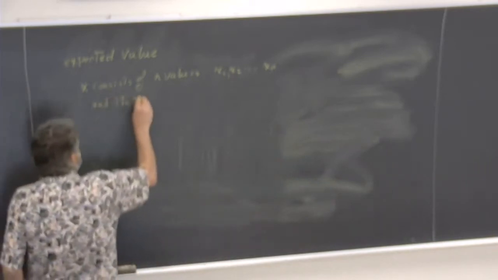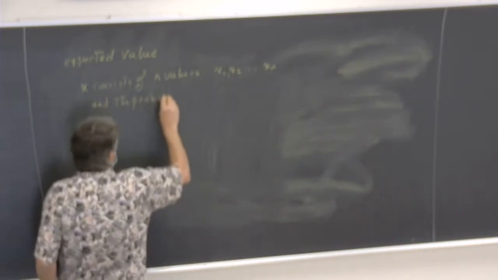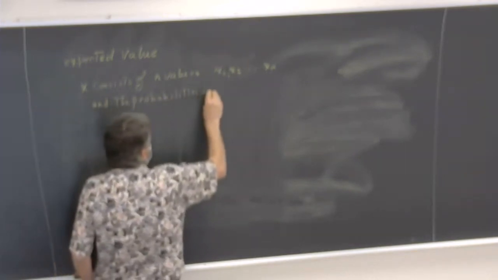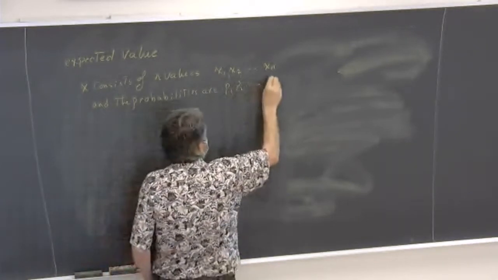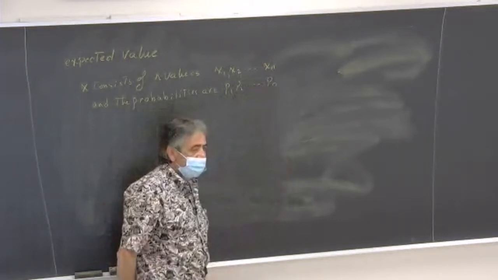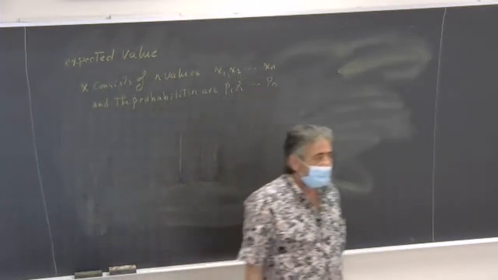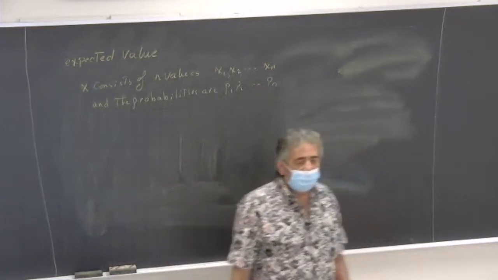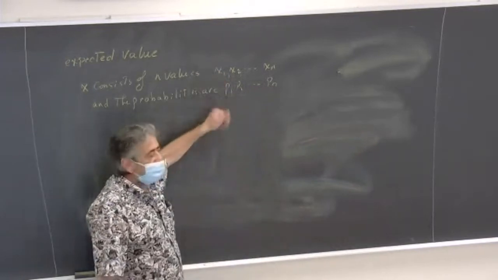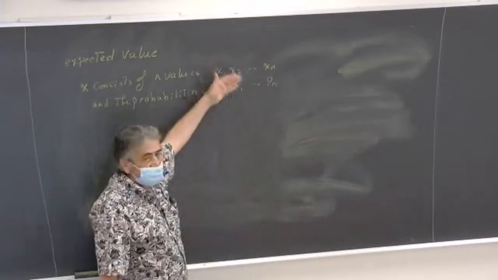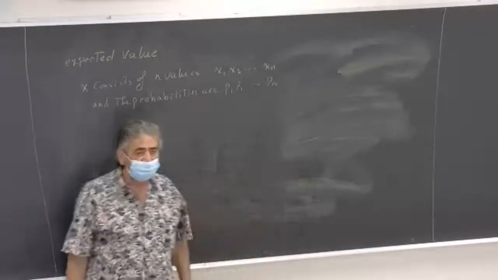And the probabilities are P1, P2, Pn. For each x value, let's say it has a certain probability. Well, probability of x1 is P1, probability of x2 is P2, and so on.